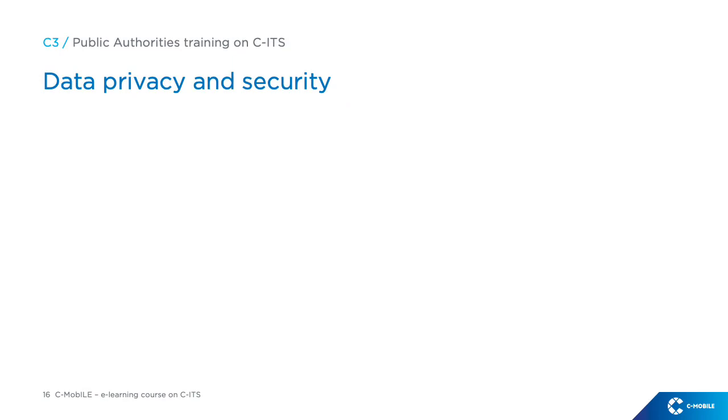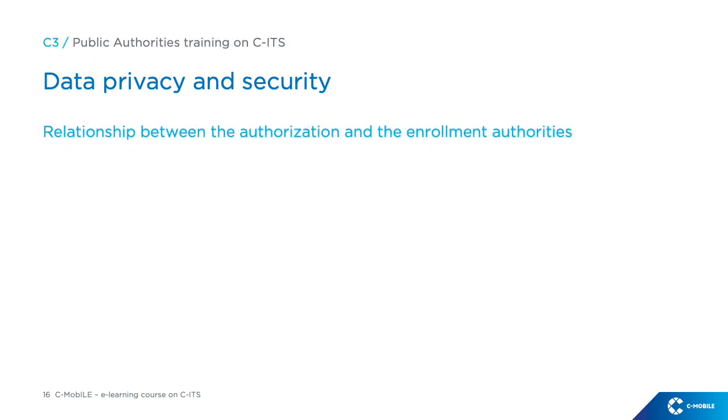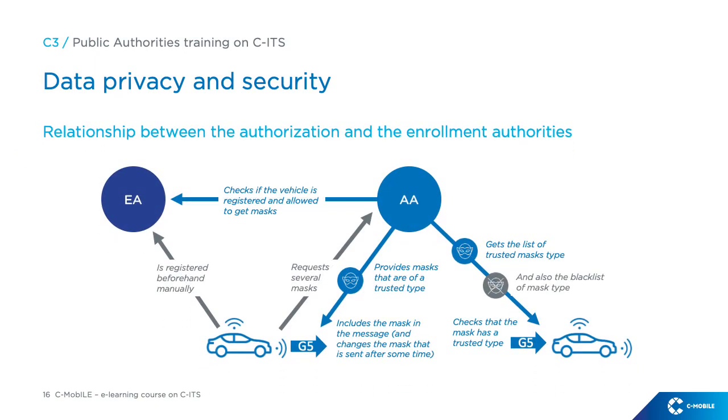PKI solutions provide the infrastructure that enables entities to establish trust relationships between each other, based on their mutual trust in the Enrollment Authority, EA. The Trusted Certificate Authority issues a certificate of identity, which enables the registration of a vehicle with the public key.